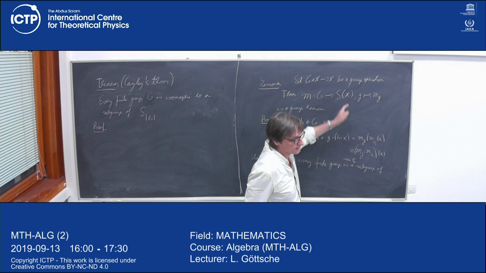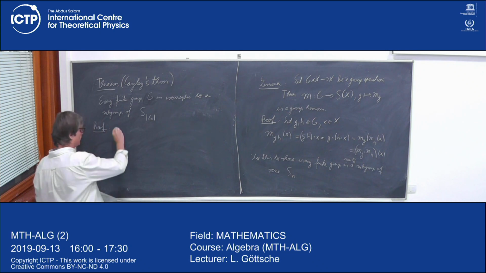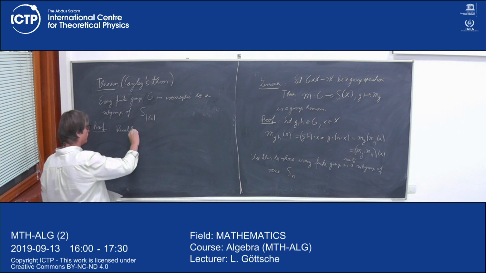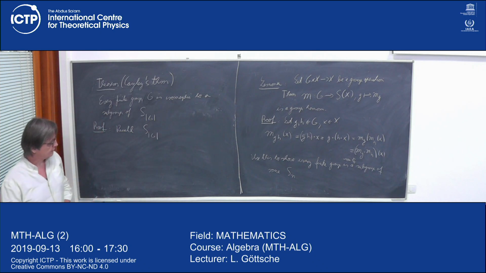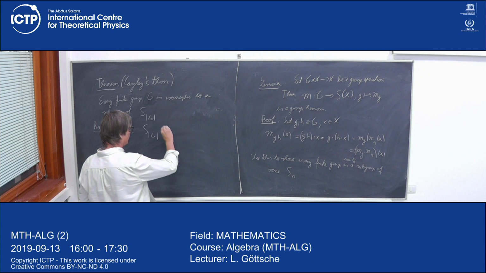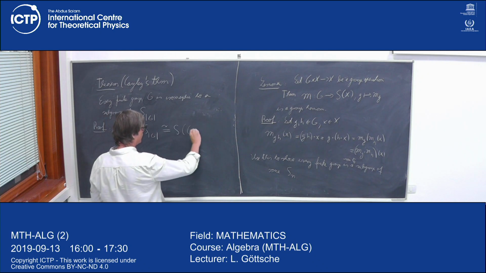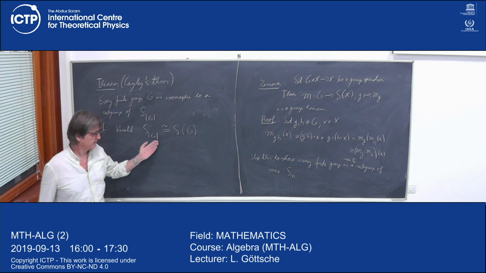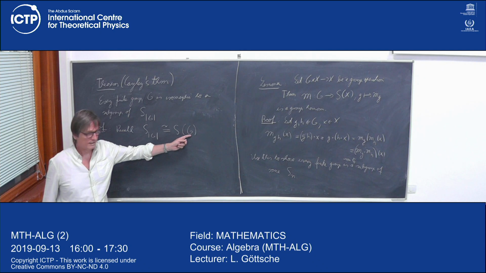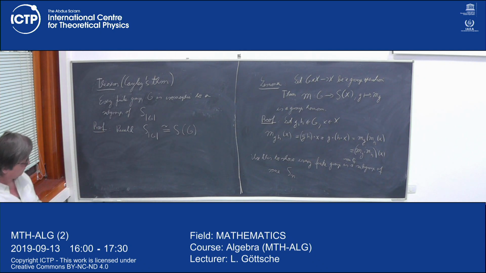So recall, we had seen before that the symmetric group of order |G| is isomorphic to the symmetric group on the set G, because G has the same number of elements, and so they are bijective.